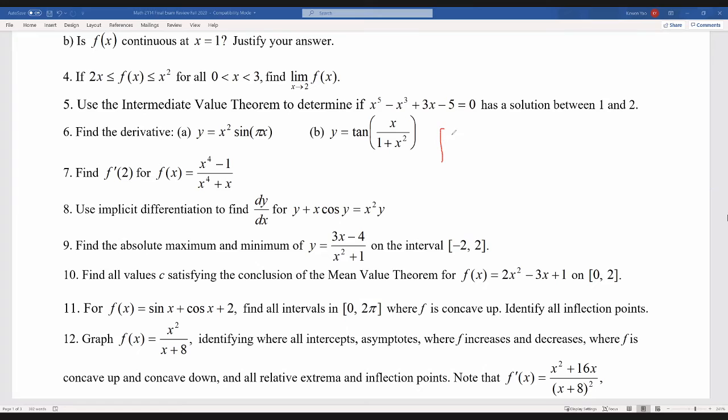So f(x) equal to this. Go copy this function down, right? x to the fifth minus x cubed plus 3x minus 5.